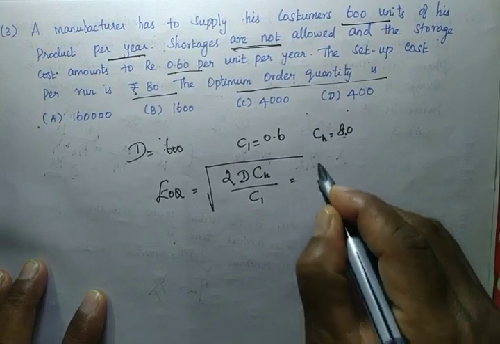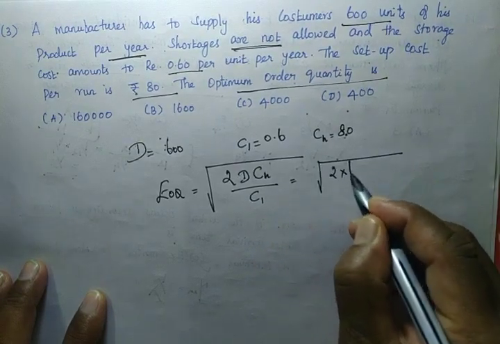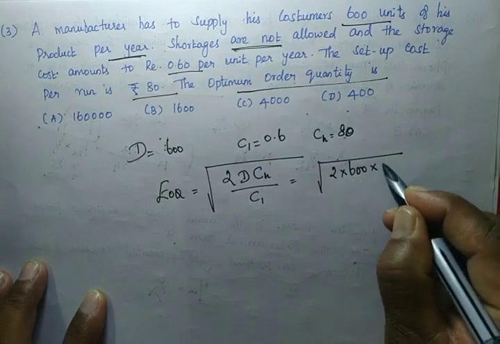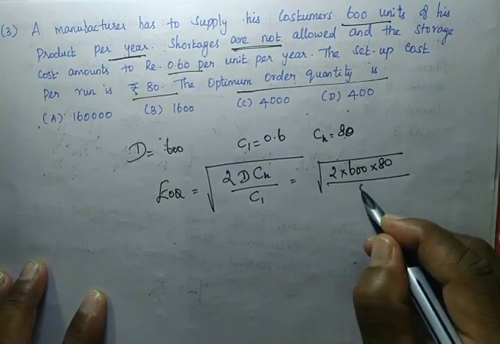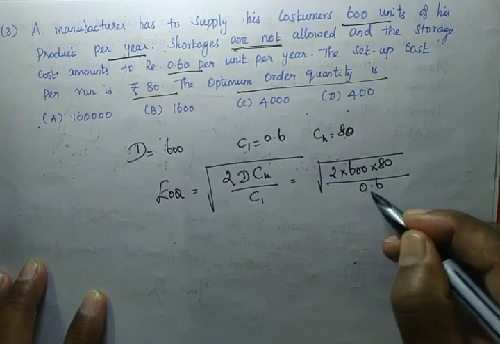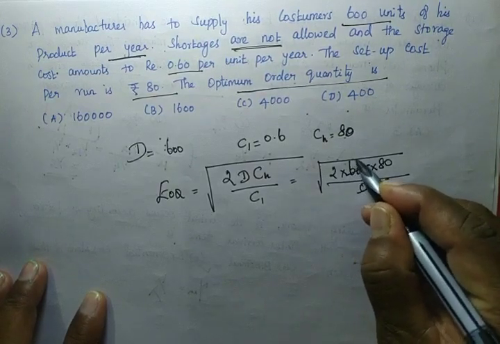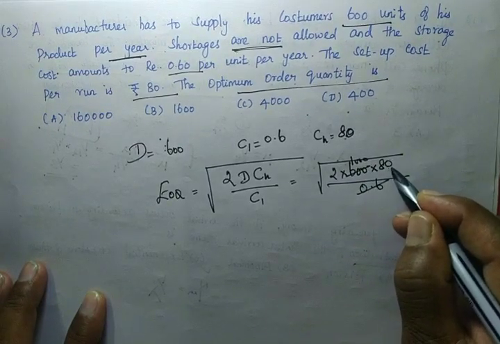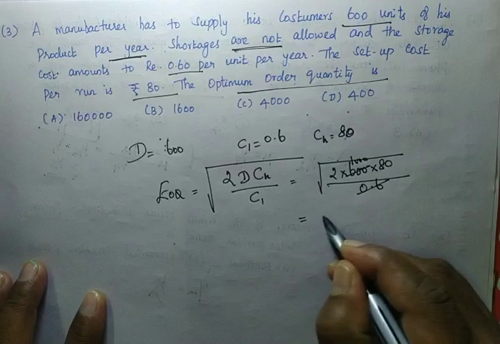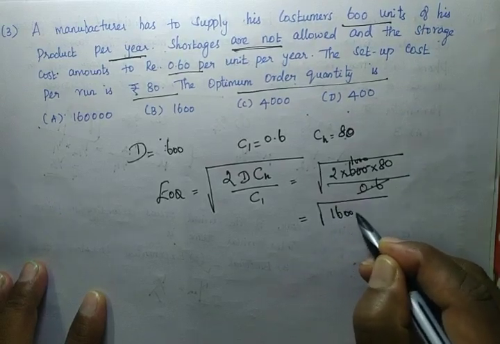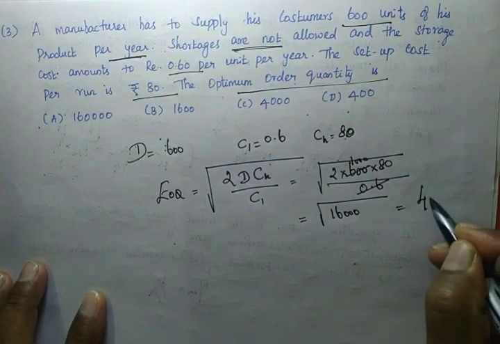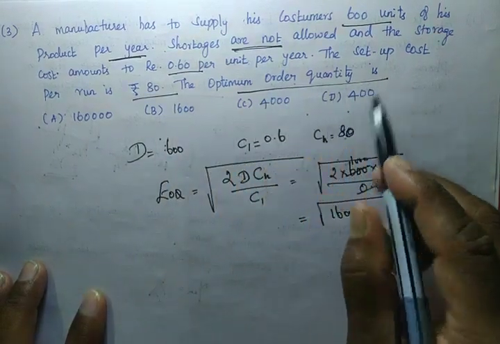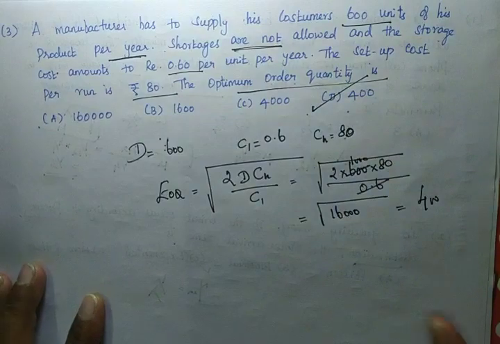So the square root of 2 into 600 into 80, divided by 0.6. The 0.6 cancels, giving 1000 into 80, 80,000 into 16,000. The square root of 16,000 gives the answer 400. Therefore the economic order quantity is option D, 400.